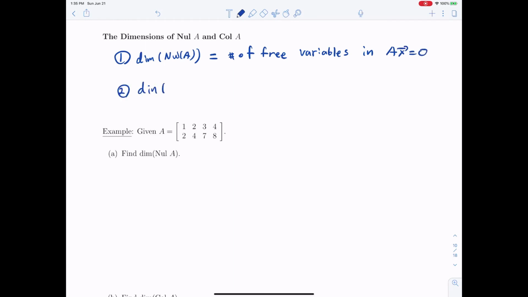And the dimension of the column space, well, we know that the basis for the column space was the vectors associated to the pivot columns, right? So this corresponds to the number of pivot columns in A. So let's see these two things from the following example.